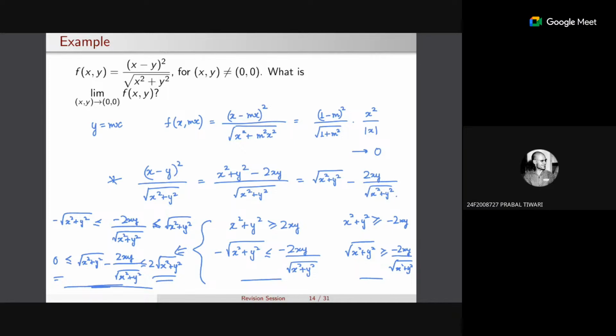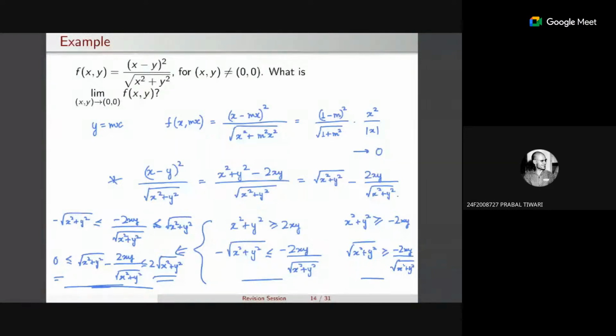If the limit does not exist, for the questions that we generally ask, the curve along which you have to check will be clear. So I cannot tell you how you will know whether the limit exists or not.